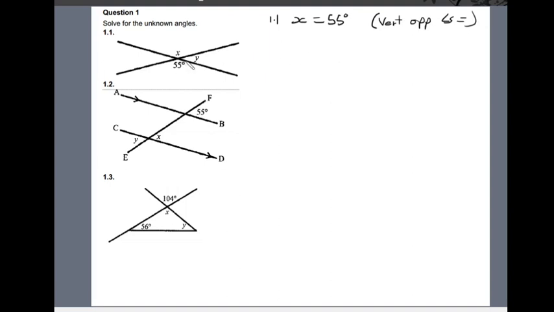Now because x is opposite 55, and we know that vertically opposite angles are equal, right? So we also know that this angle here is equal to y. This angle here, this one here, it should be equal to y, because that is vertically opposite angles. Vertically opposite angles are equal, and therefore this angle is also equal to y, right?